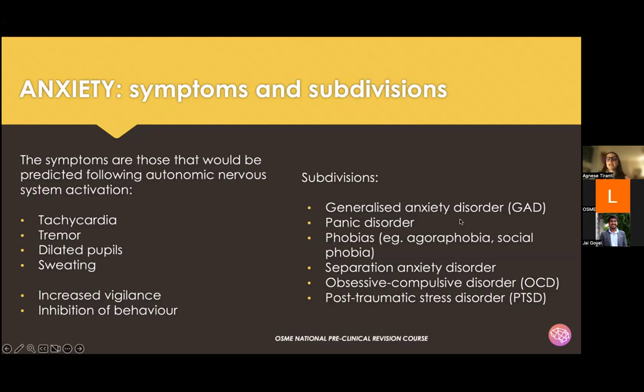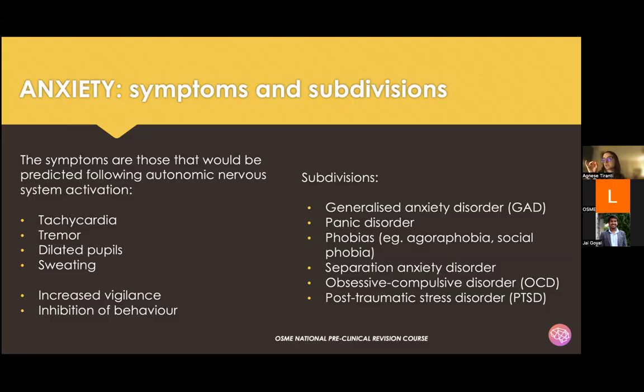There'll be subdivisions, but we'll go through them. Generalized anxiety disorder, so just feeling anxious about anything, any day. Panic disorder, which is a very heightened level of anxiety in some moments, not constantly, normally. Phobias are anxiety directed to something, like social phobia, anxiety directed to social interaction.